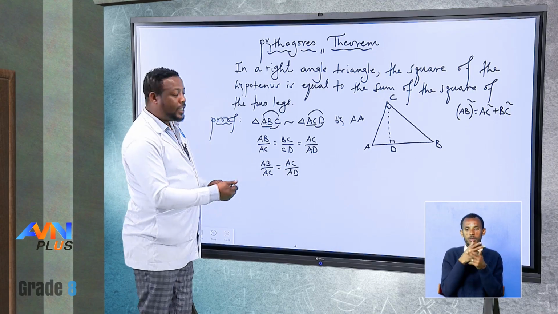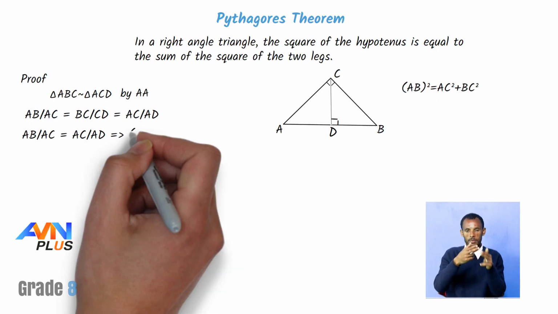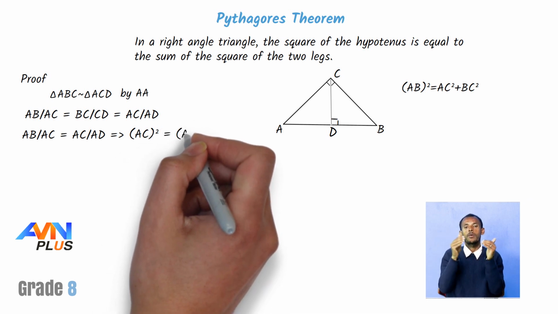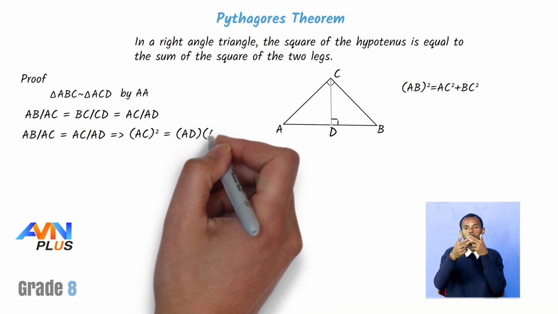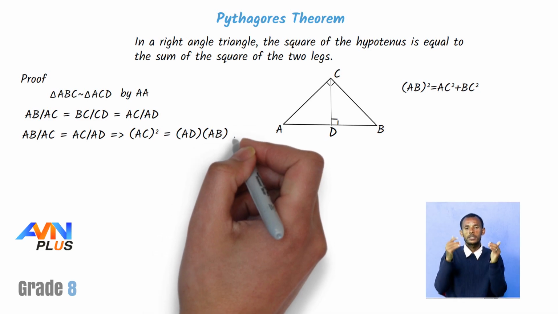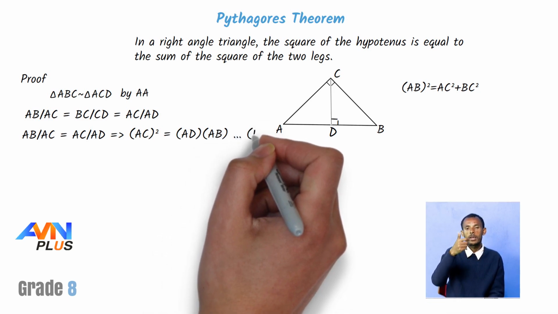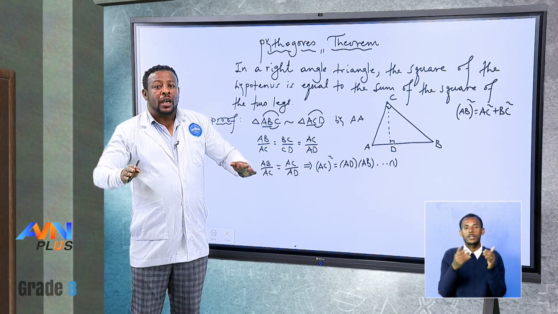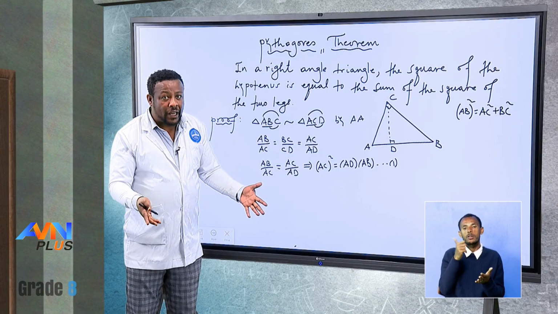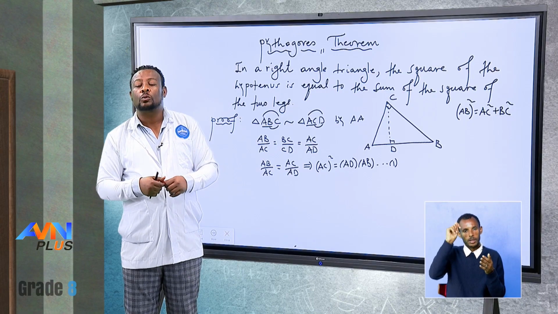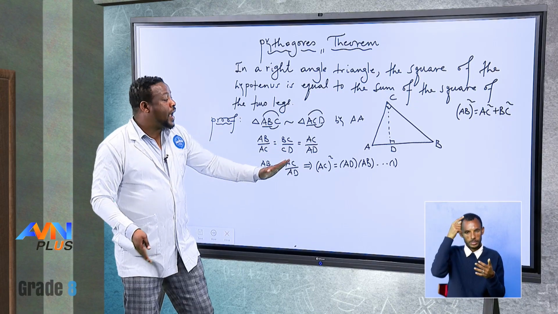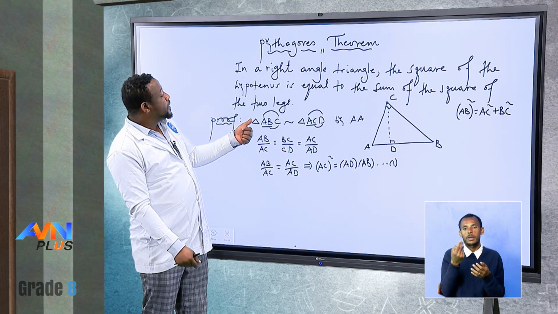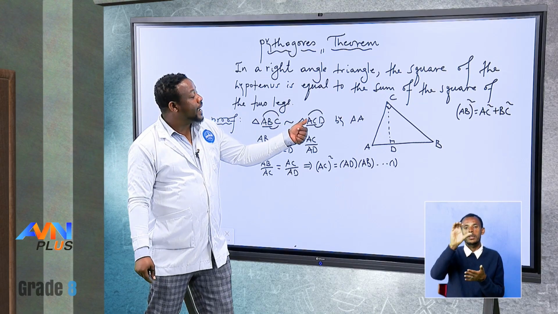AC times AC becomes AC square, which is equal to AD times AB. Okay, we have one equation. This is equation 1. You might know this from Euclid's theorem, but we need it to prove the formula in Pythagoras theorem. This equation is derived by taking the similarity of ABC and ACD.